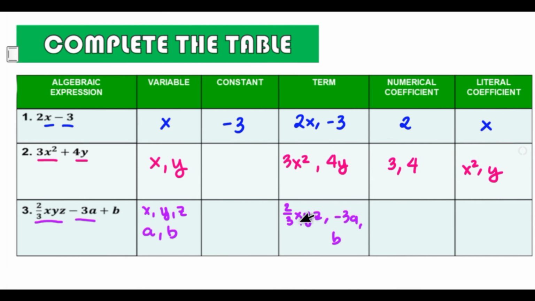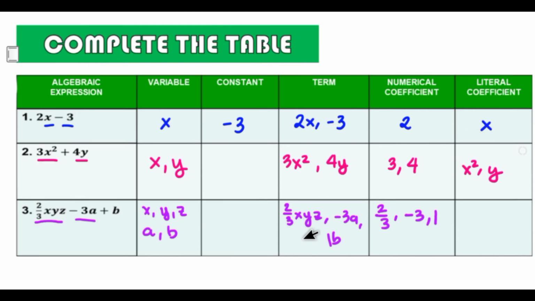Then for the numerical coefficient, dito muna tayo sa unang term, 2/3 xyz. Ang number part ay 2/3. And then sa negative 3a, ang number part ay negative 3. And then sa b naman, akala nyo walang number yan, pero meron yung kasamang 1. Yan, hindi na lang sinusulat. So, ang numerical coefficient niya ay 1.